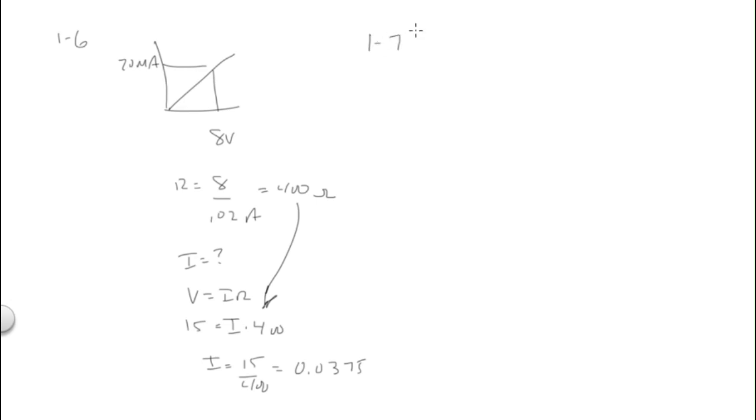For the graph of current of 1-3C, find the voltage across the load when the current is 0.3 amps. So 1-3C, we've already found the current once, but let's just go back.